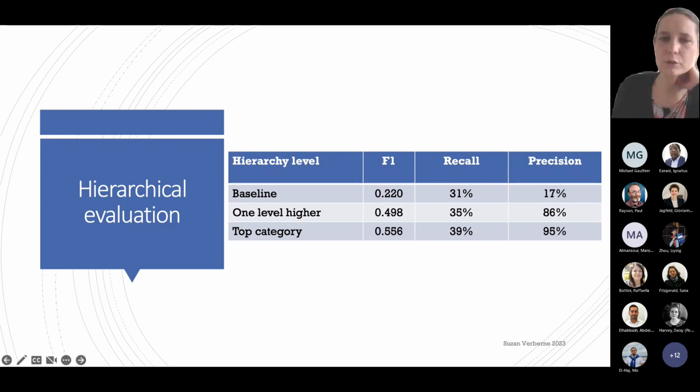So here, if you look at the exact level of correct item, then recall was only 31% and precision even only 17%, which means that of the things that it's matching, only 17% was correct. If you go higher in the hierarchy, it becomes more, where precision even gets to be very high. But yeah, still recall is difficult. So yeah, this was a very difficult task.